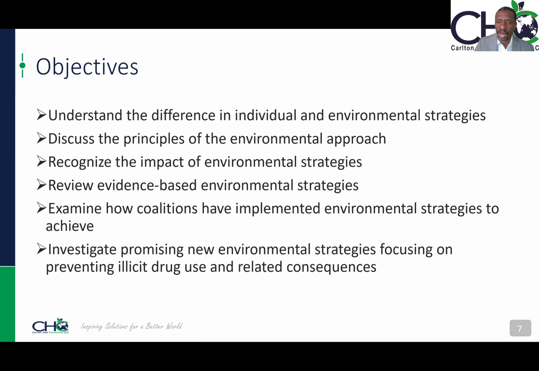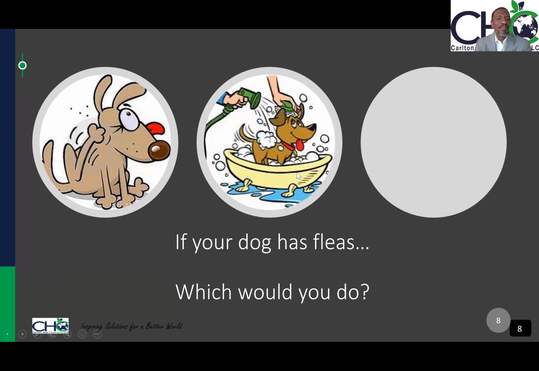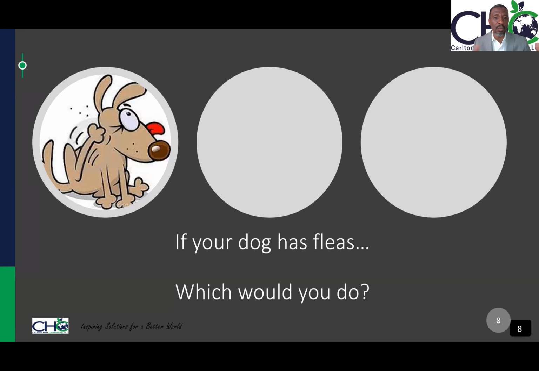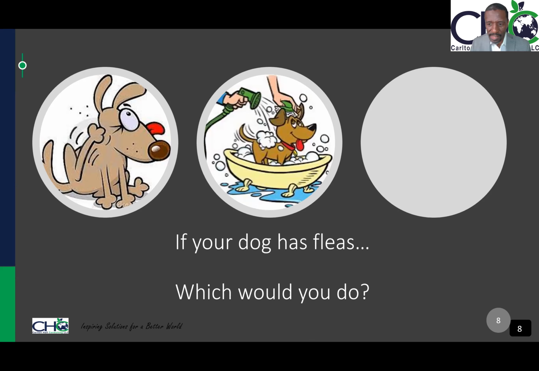I'm going to start this off with a bit of a mental set, if I could. If we had a dog here, and our dog had fleas, there are a couple of things that we could do. What approach would you use?